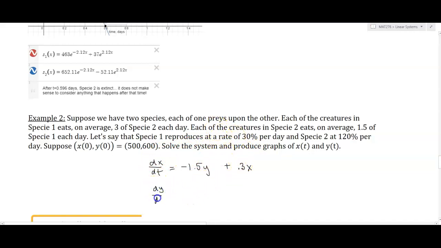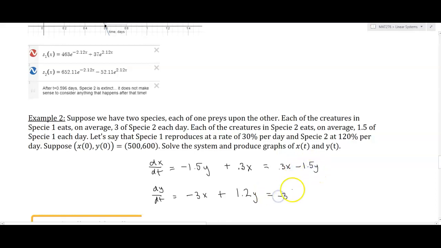dy dt is going to equal its original negative 3x, but it reproduces at a rate of 120% per day, which is 1.2 times the size of that population. And here, notice that my y term is first and my x term is second, so I should rewrite it as 0.3x minus 1.5y.